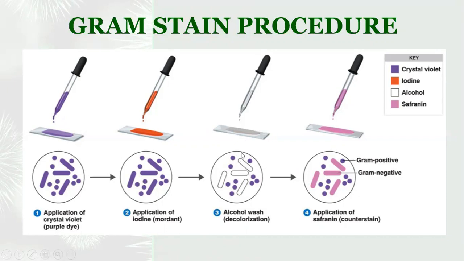After this decolorization treatment, the smear is treated with the counterstain safranin. As the gram-positive bacteria retained the primary stain, they will not take up the secondary stain safranin. But the gram-negative bacteria, as they lost the primary stain, will readily take up the secondary stain. So here gram-positive appear purple and gram-negative bacteria appear pink in color.